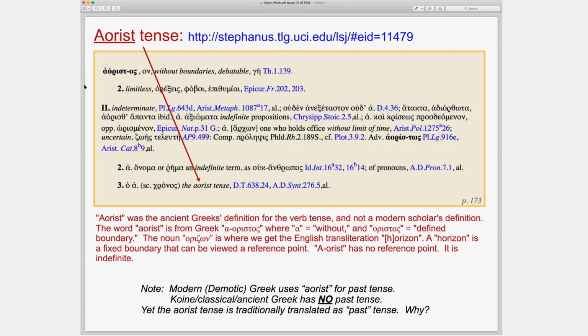As I said, English is not the metric by which all other languages are judged. The usual Greek translation doctrine is to first take the Greek, convert that to an English expression, and then interpret the English expression. What I'm saying is go back to the Greek, understand what it says, and then do the best you can to translate it into English if you can.